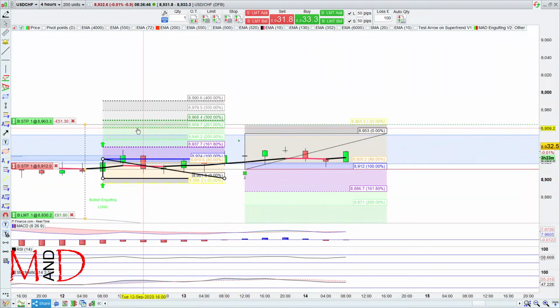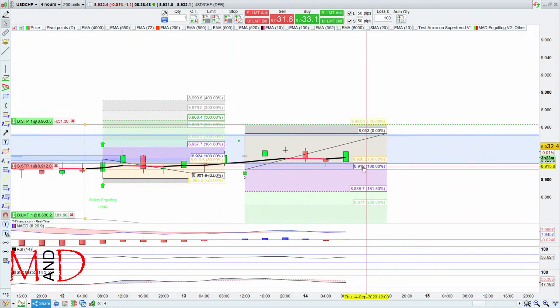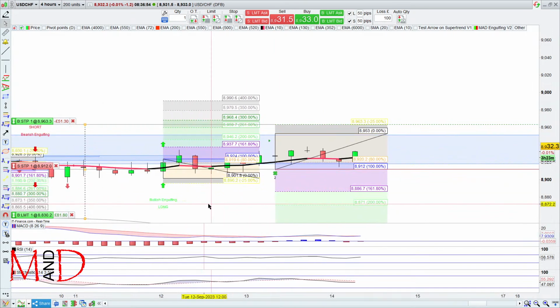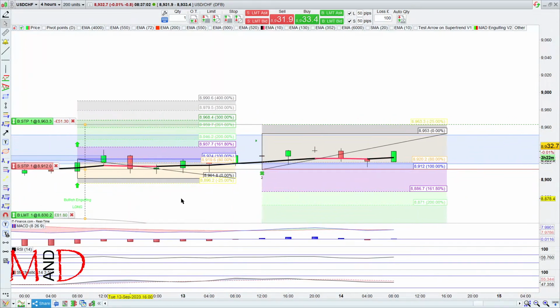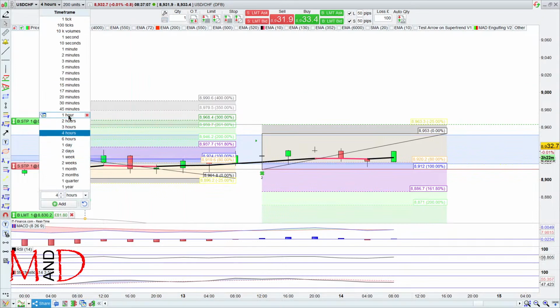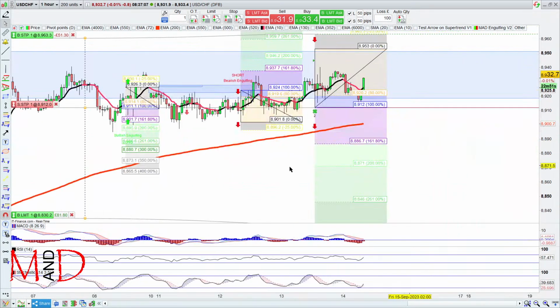Remember, this is the one that I couldn't put on for whatever reason, no idea. But I have set a short order, half risk, to go short. It was on this candle here, but on the hourly. So we are currently long on the USD CHF, but on the hourly we are now short on this candle right here.